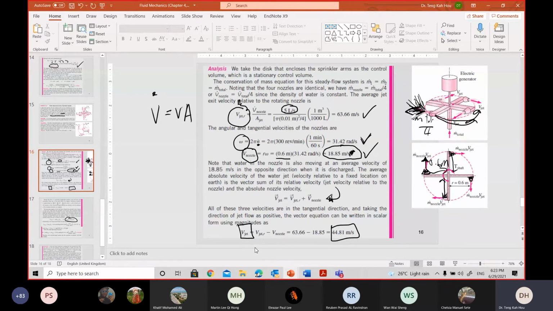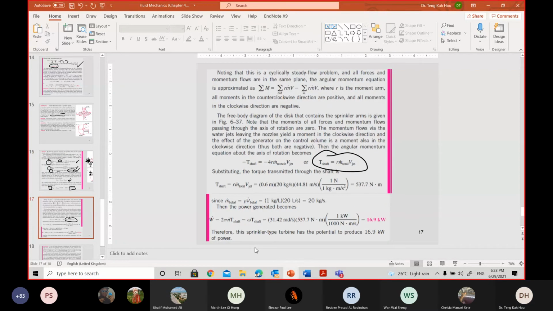That's why you will have your RMV for the T shaft. That's why when you use RMV, you use the average or absolute of the total velocity for the system. And you will get 537 newton meters.